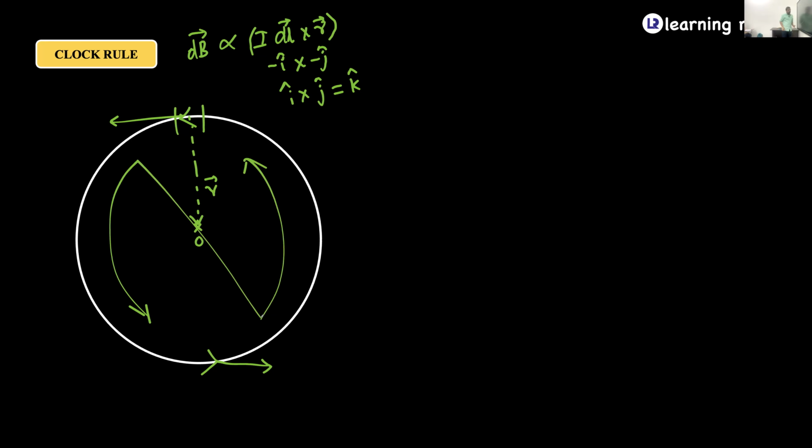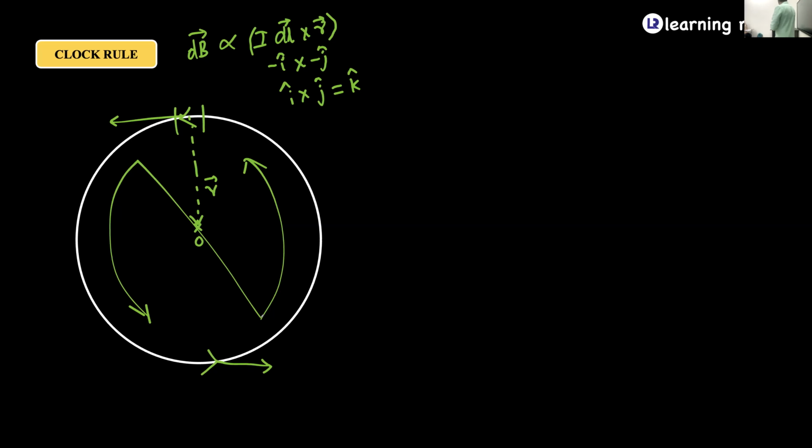Join both, you will observe the shape of N, so it acts like a north pole. When you talk about a closed loop carrying current in the anti-clockwise direction, when you are facing that loop and see that the current is flowing anti-clockwise, you're actually facing the north pole.